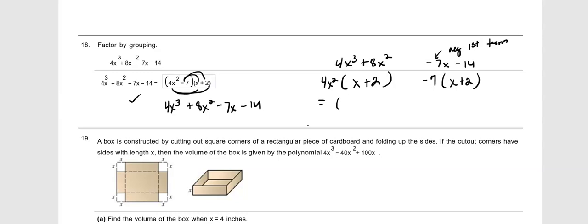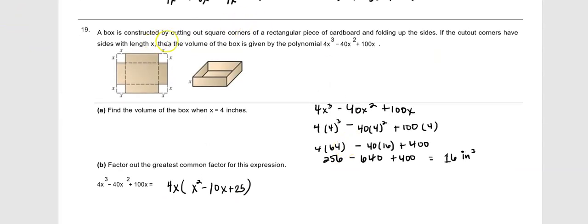So our answer is x plus 2, which is the common binomial, and then the other binomial is the 4x squared minus 7. So you see how the order of my binomials are opposite of what you see here? That's fine because it's multiplication, right? I can write it as x plus 2 times 4x squared minus 7 or 4x squared minus 7 times x plus 2. That order doesn't matter. What matters, of course, is what's inside the parentheses and that the signs and terms are correct.